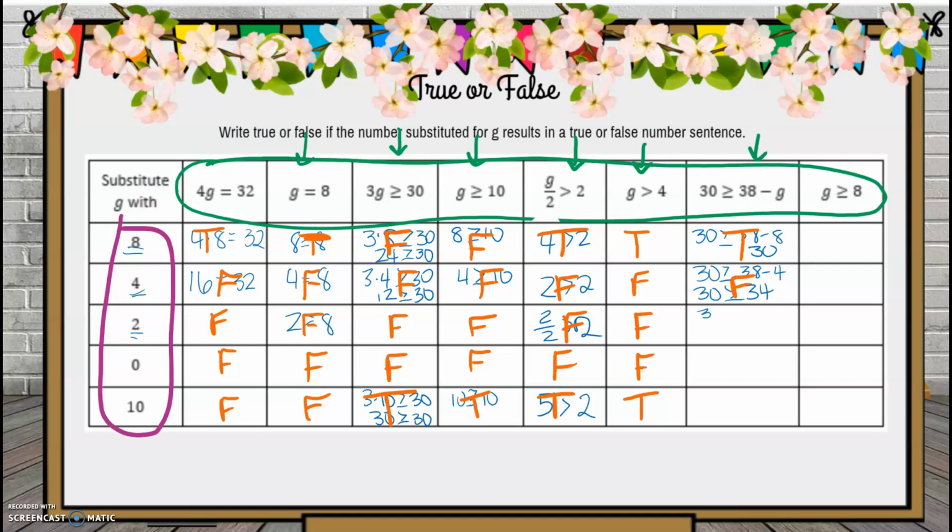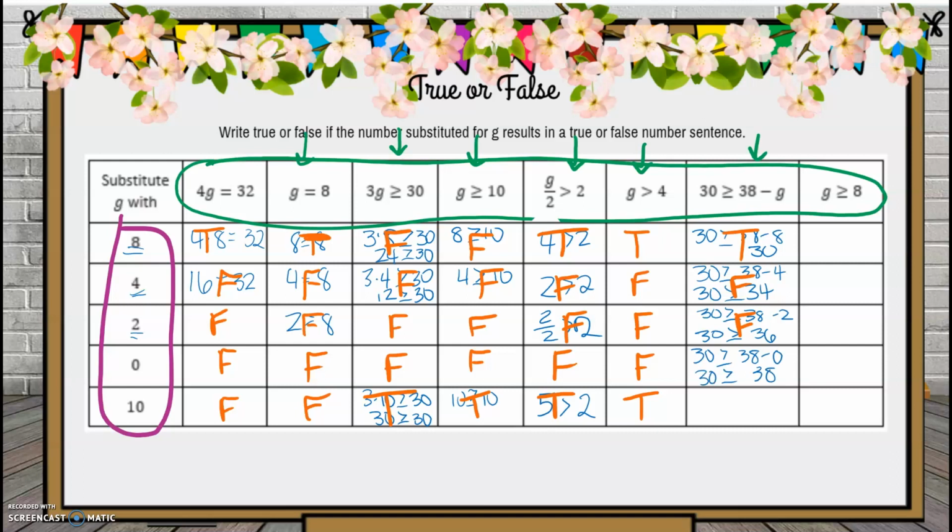What about 30 is greater than or equal to 38 minus 2? 38 minus 2 is 36. And so 30 is not greater than or equal to 36. So that is also false. The next one was 0. 30 is greater than or equal to 38 minus 0. 38 minus 0 is 38.